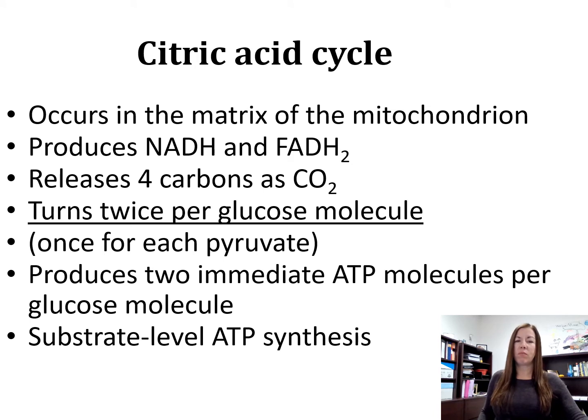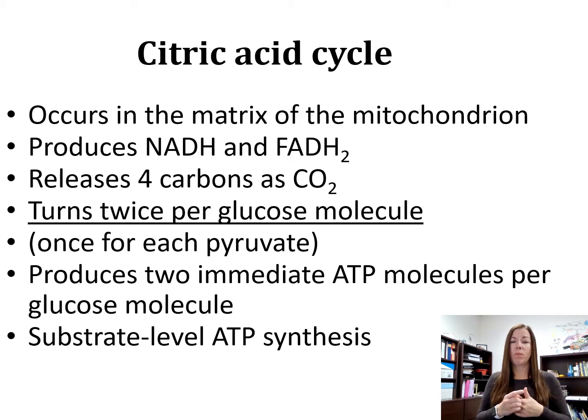And so, since it is a cycle, just like the Calvin cycle that we saw in photosynthesis, the citric acid cycle also is kind of a similar process in that you break down that molecule of glucose. The citric acid cycle can turn twice then, for each molecule of pyruvate that entered into the cycle attached to coenzyme A as acetyl-CoA.